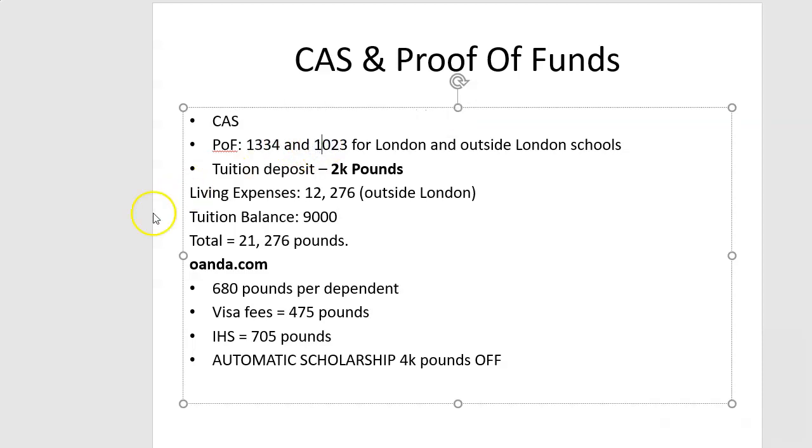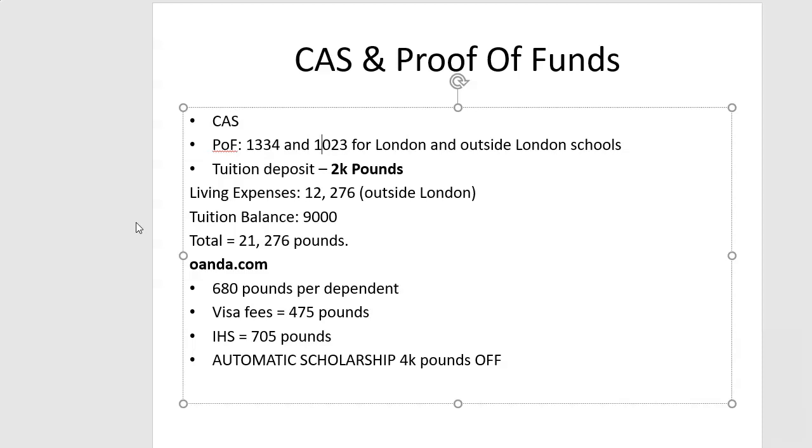If you are studying outside London, it's £1,023 per month. I'm going to use outside London, assuming you're studying in Bradford. The balance of your school fees: out of 15k, we got you a scholarship of 4k, remaining 11k. Out of 11k, you've made a £2,000 deposit, which leaves 9k.